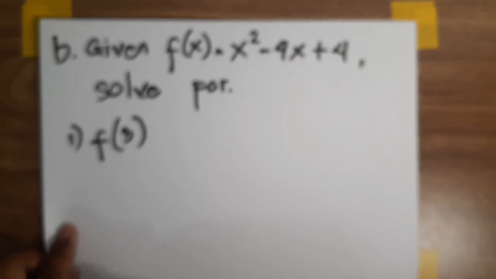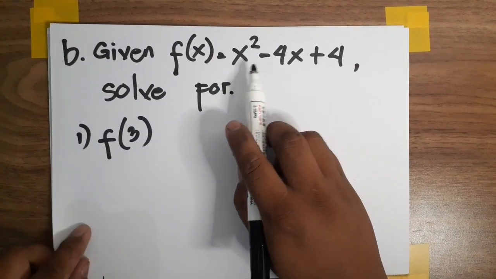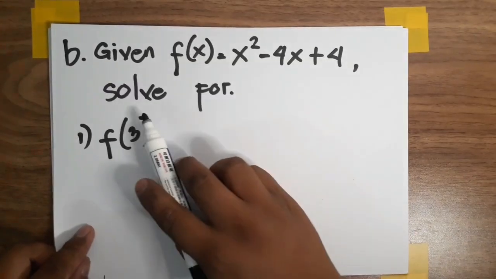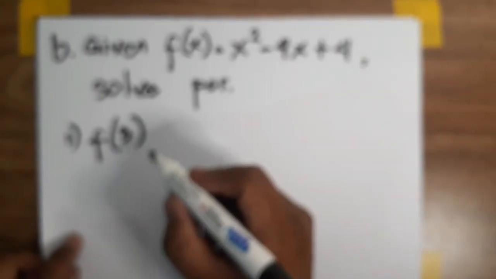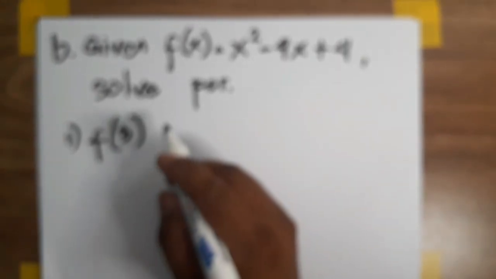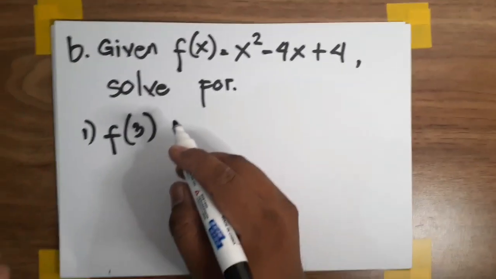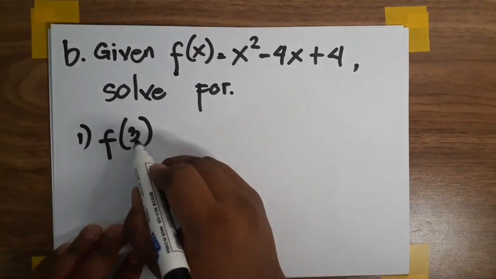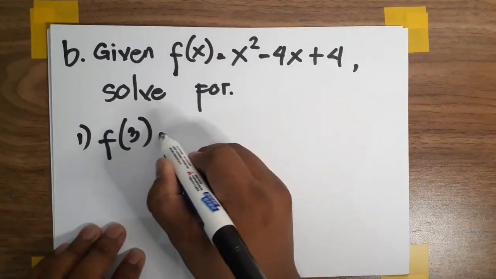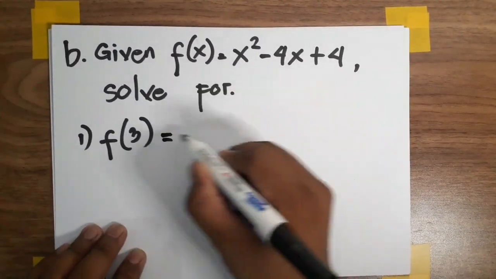Another example is in B, given f of x is equal to x squared minus 4x plus 4. Solve for number 1, f of 3. Similarly, you have a new function, so all x this time must be substituted by positive 3.